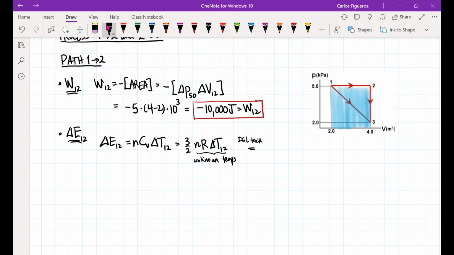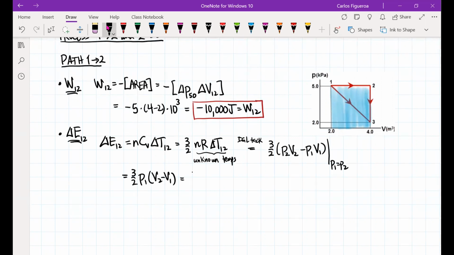So this becomes 3/2, and look at the pressure of 1 and pressure of 2. So this should be P2V2 minus P1V1. But look that the pressure of 1 and 2 are exactly the same, right? So the pressure of 1 is the same as 2. So what I can really write is 3/2 P1 times the difference in the volumes.